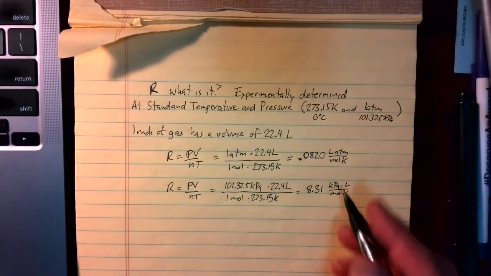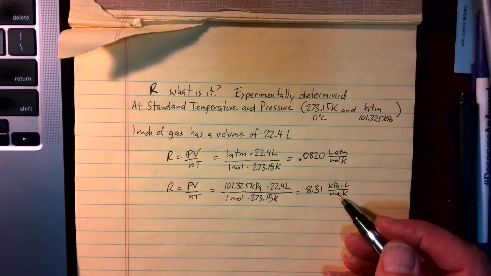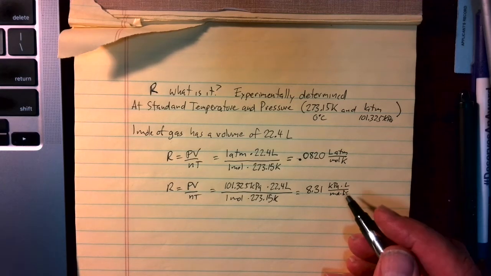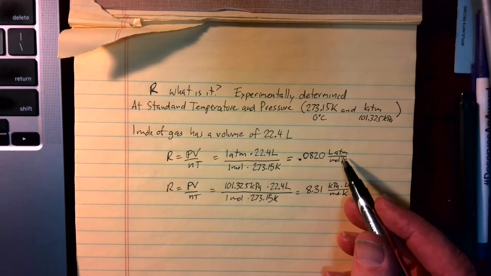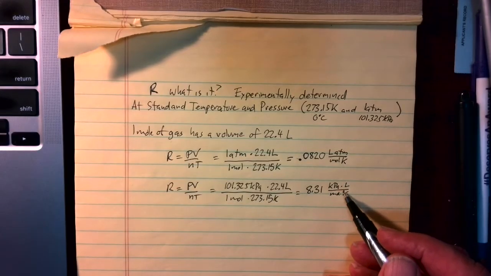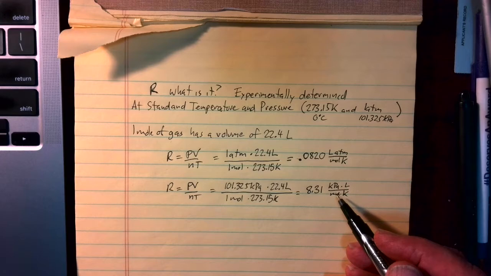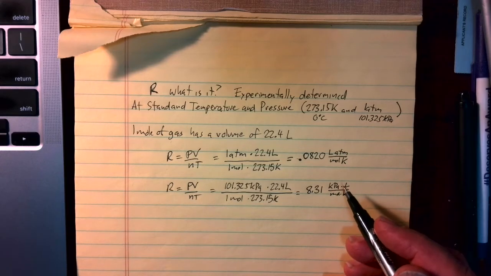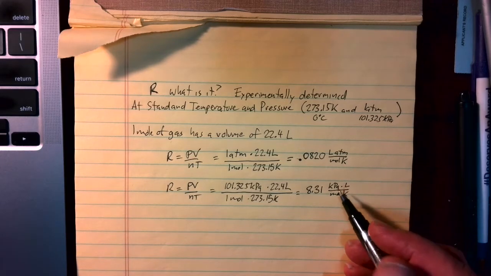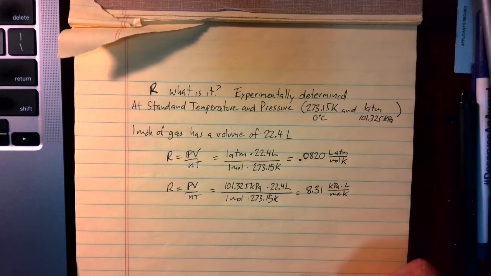And why do I have these two? Well, it's convenient to have two of these because sometimes we use atmospheres and sometimes we use kilopascals. So these are both in your notes. Just choose the one that works better in your problem, the one that cancels the right pressure units.